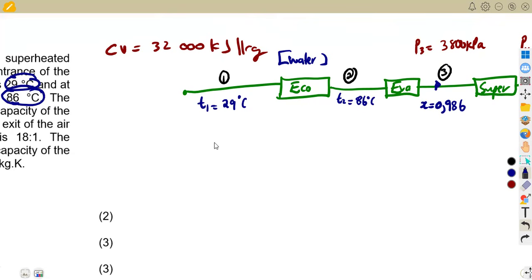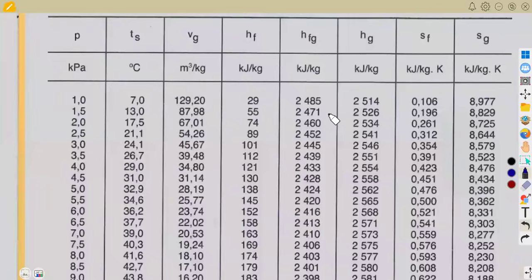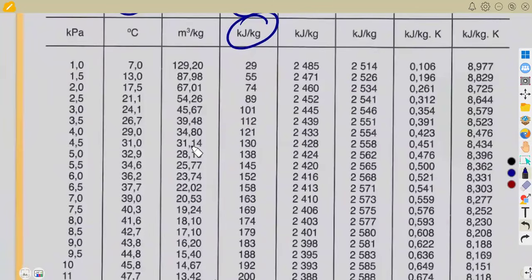Remember, I said for water you can find their enthalpies because they represent HF for water. So H1 and H2 can be determined from our steam table. At a temperature of 29, we need HF, which is the enthalpy of water in kilojoules per kilogram.